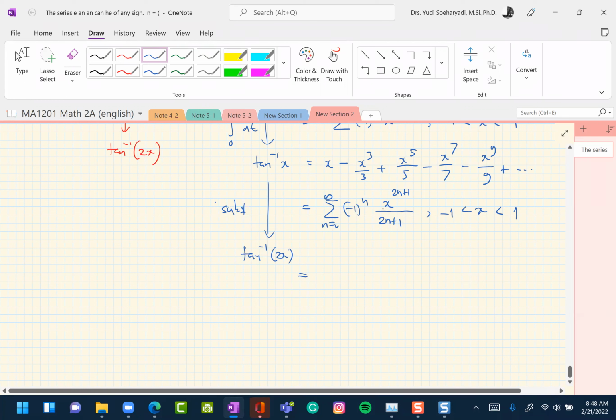Just replace x by 2x, with 2n plus 1 in the denominator and 2x to the 2n plus 1.